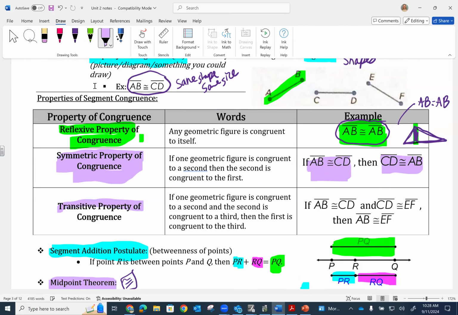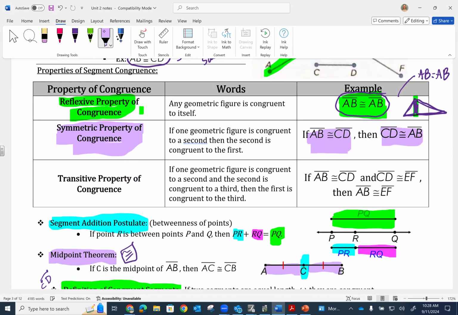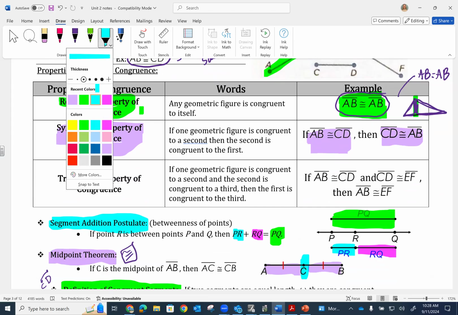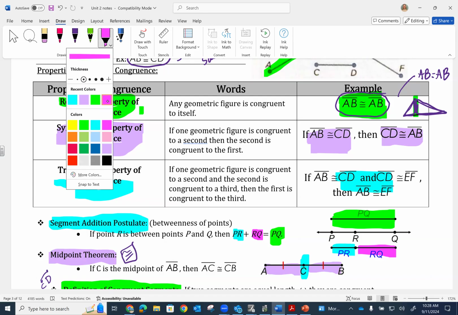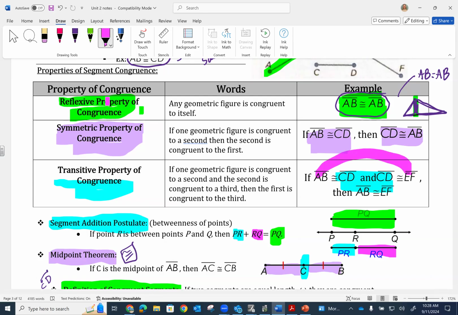congruent sign. The transitive property, it's like a train. The transitive property means that if AB is congruent to CD and CD happens to be congruent to EF, then what we can say is that they hitch up in the middle, that AB and EF are also congruent to each other.